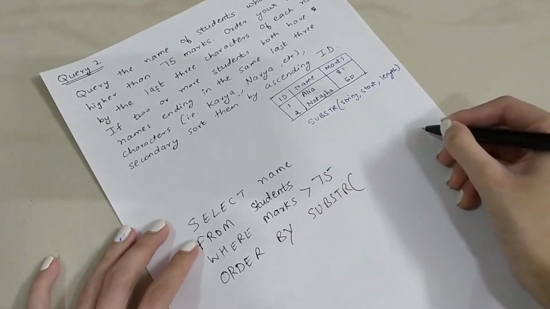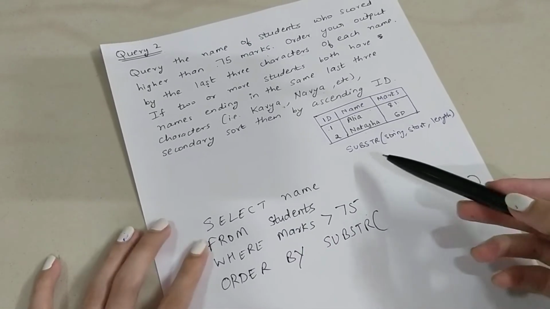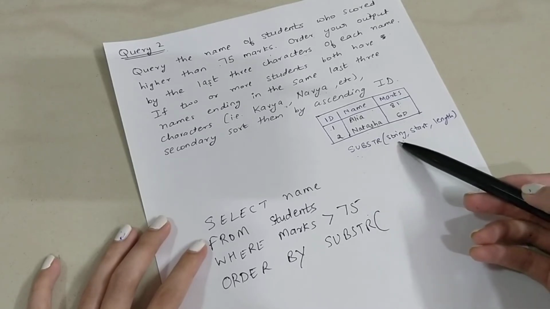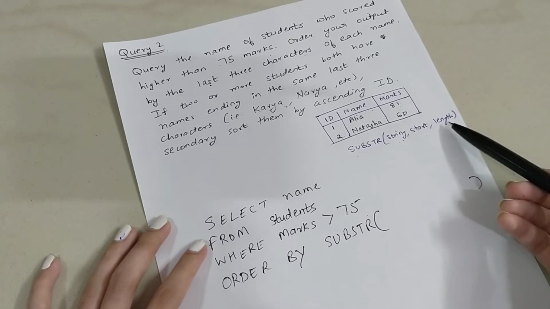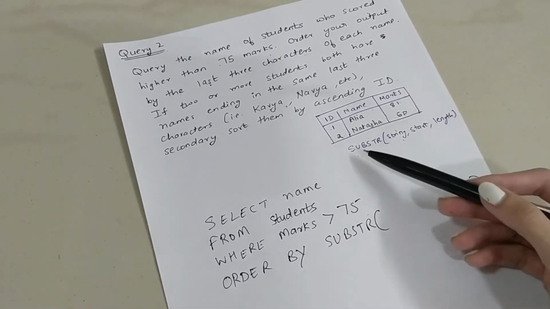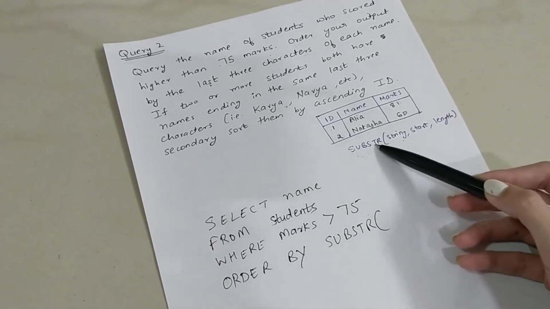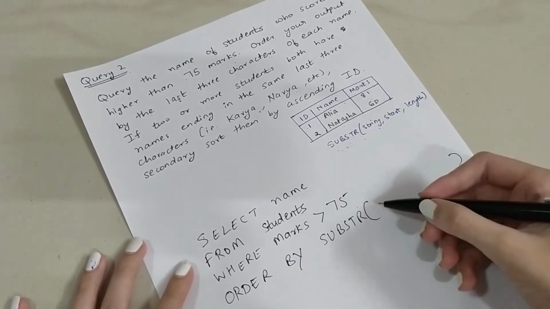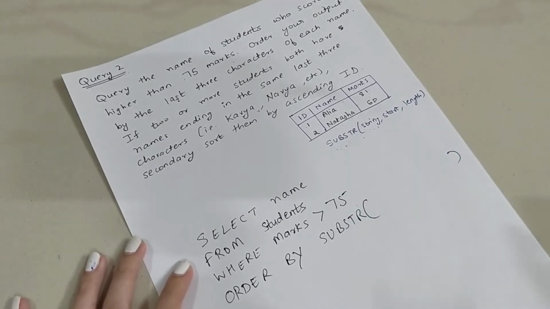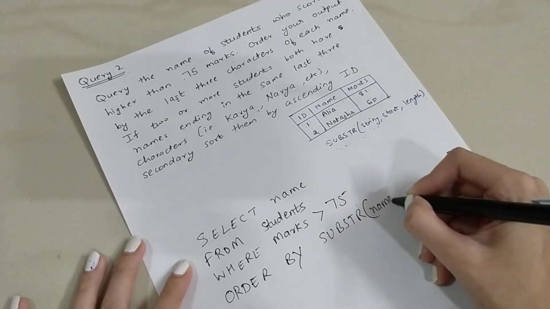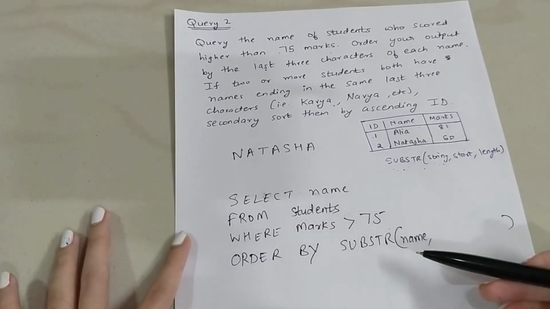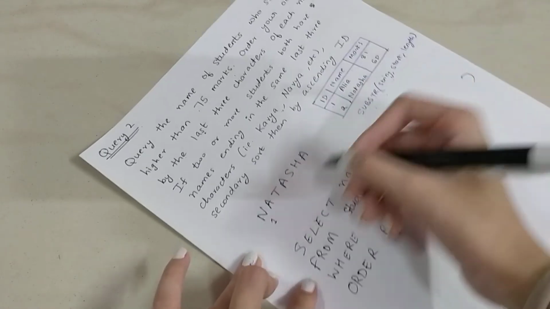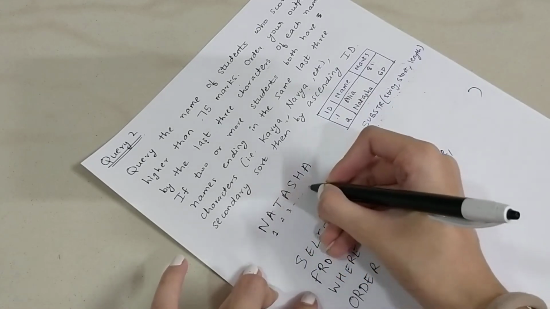Substring. And what do we write inside? As you know, the syntax for substring is: first field is string, second is the starting index, and third is length. If you want to understand in depth about substring, I have a video on this, so do check that out. So now what is my string? I'm going to write my column name over here, which is name. Now I have to give the starting index. Now as you know, the index starts from 1, 2, 3 if you're going from left to right.